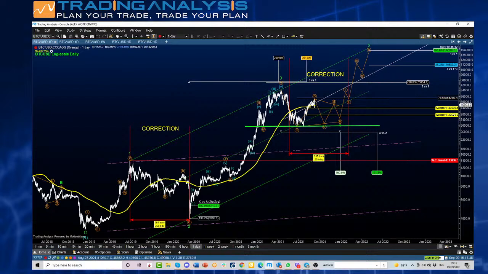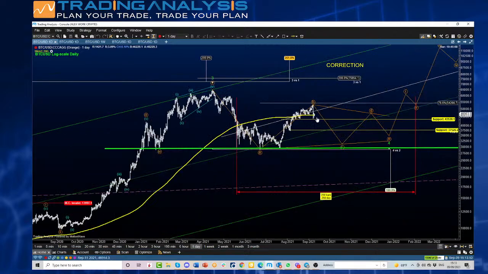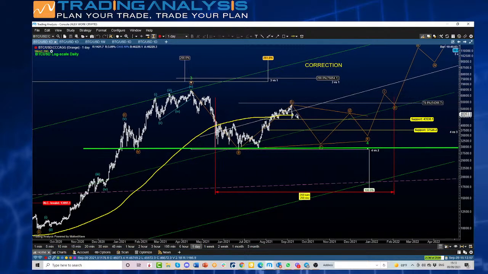But the last fall is dancing around the 200 moving average. We will definitely start to see a possibility of this triangle if these levels of around 40, 38K give up. We are still far from that, but I'm just telling you what I'm looking at.